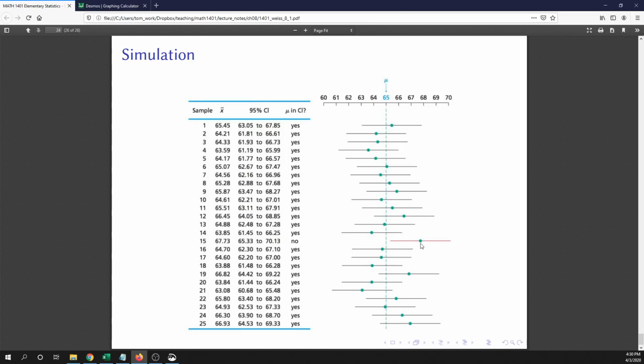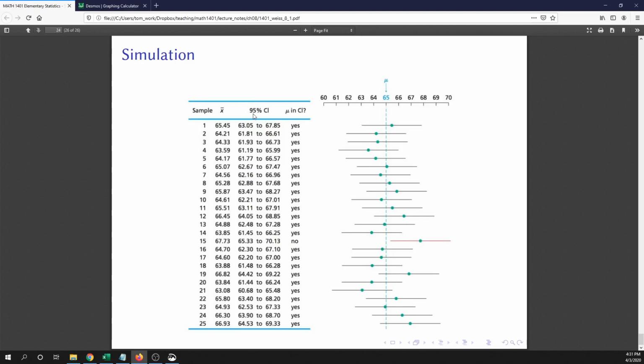So you can see that the population mean is not in that confidence interval here. So again, it's not 100% that your population mean will be in your confidence interval. That's where the confidence level comes in. You can see not all of them will be, but a lot. And in fact, if we did it for every single one, we would see that 95% of those confidence intervals would include the population mean.